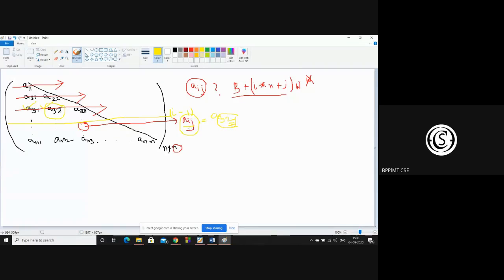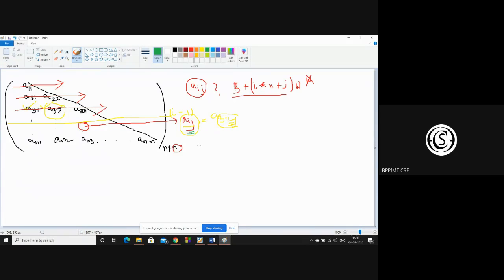So Aij, what will j represent? The column number. Yes, the column number. That is, j number of entries will be there at row number i.